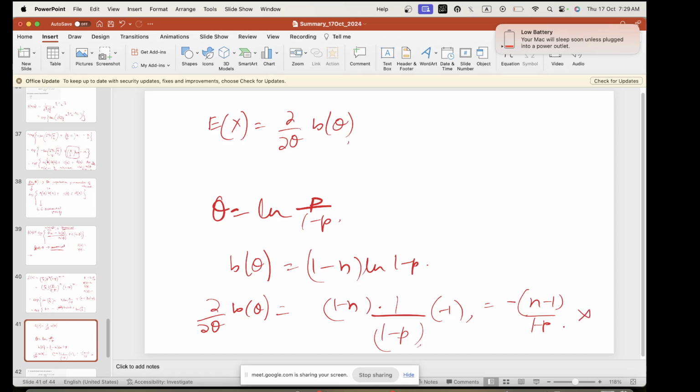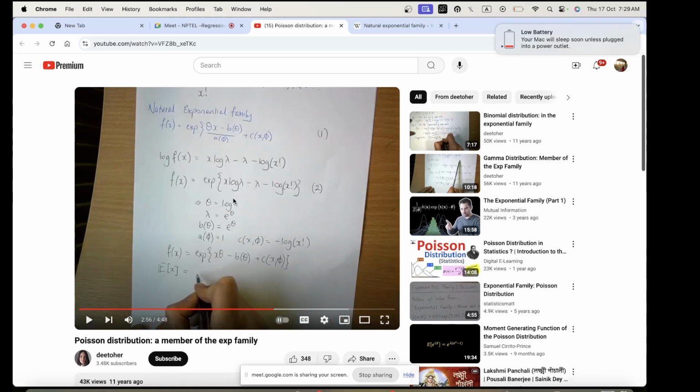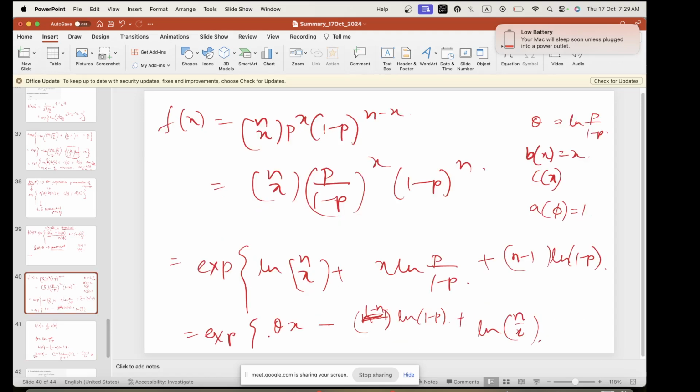Then how are you taking the differentiation then? Theta would be ln p by 1 minus p. So b theta would be differentiated by comparing ln of p by 1 minus p. No? You are generalizing it. No, what did they mention over here? So it's theta x minus b theta, right? So theta is this thing. If we compare with this form, the x and p containing term should be theta.